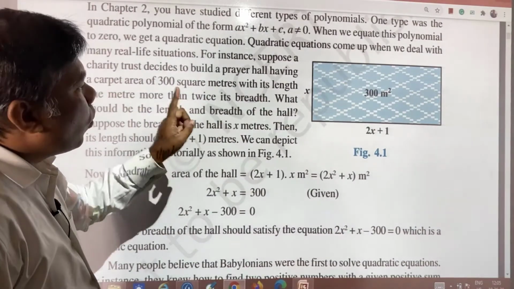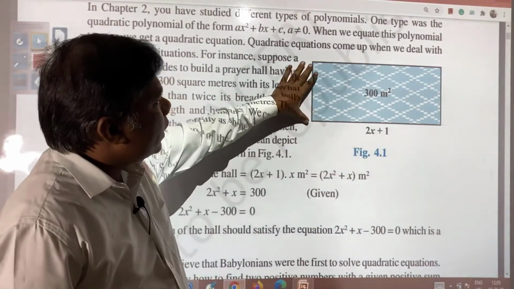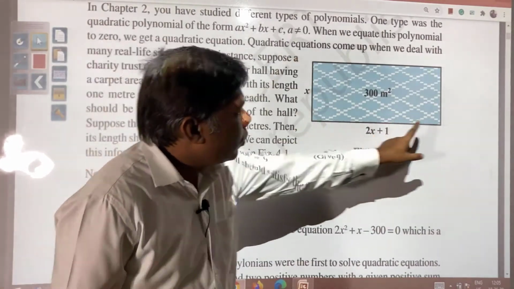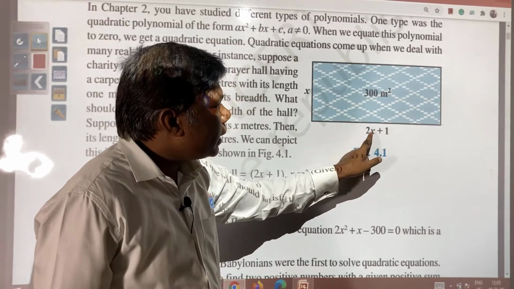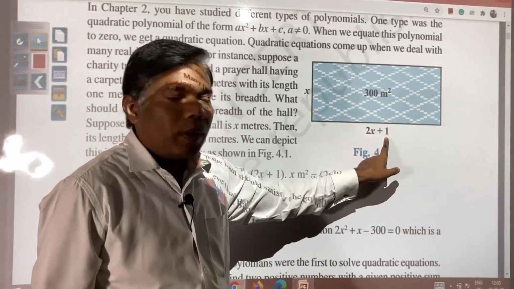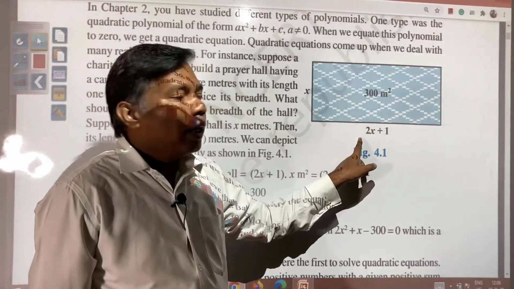Length is 1 more than twice its breadth. So suppose breadth is x, then length will be 1 more than twice its breadth, meaning 2x plus 1. So breadth is x and length is 2x plus 1.